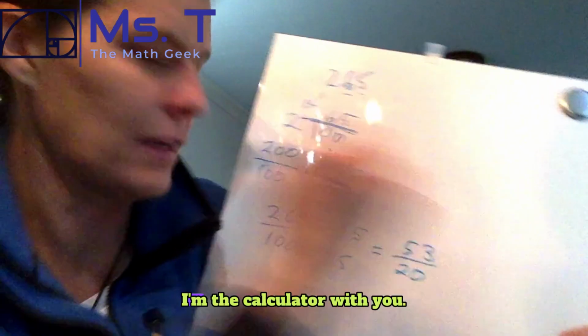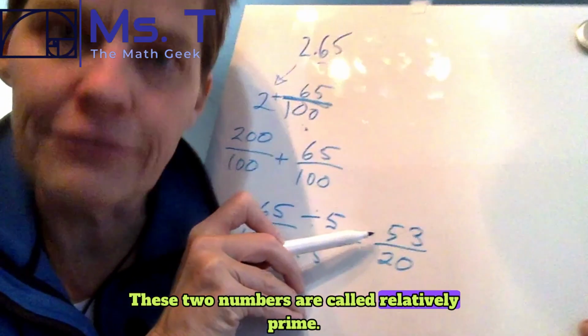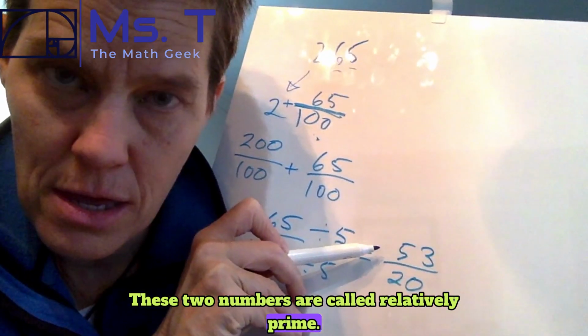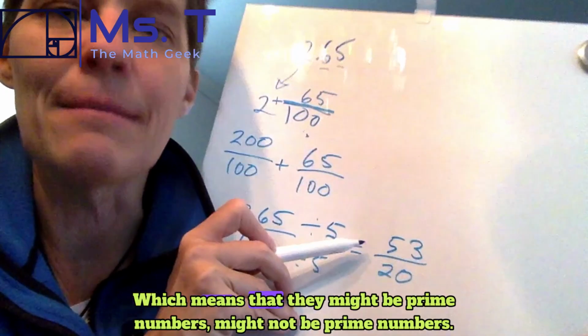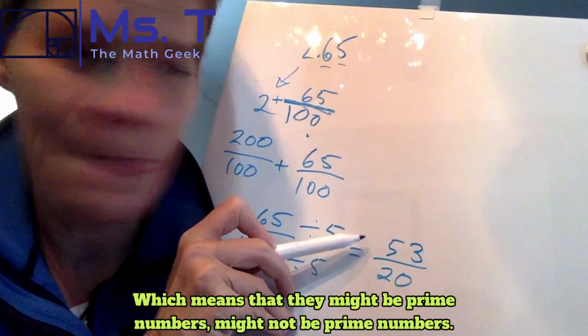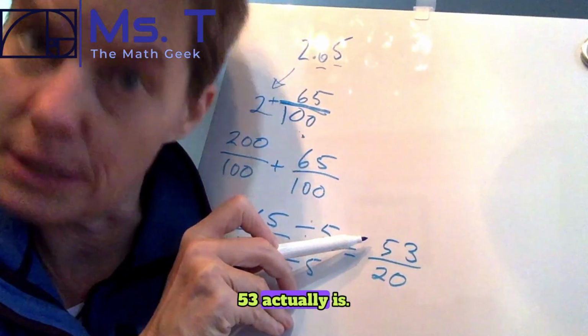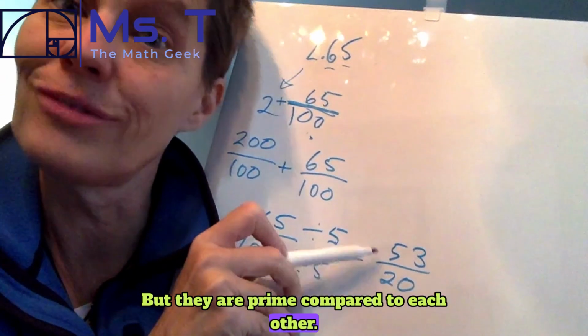You can check my math on the calculator with you. These two numbers are called relatively prime. Relatively prime, which means that they might be prime numbers, might not be prime numbers. 13 actually is. But they are prime compared to each other.